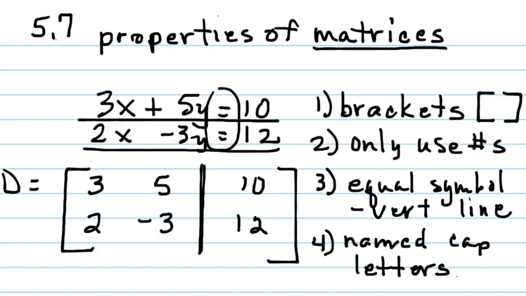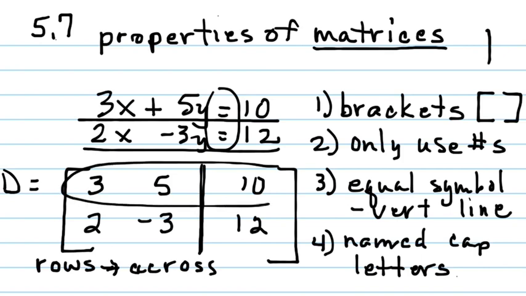A couple of things that you need to remember as well, and maybe you remember this from your earlier studies: we have things that are called rows, and rows simply go across. So this is a row, and since it's the top row, it's row 1.